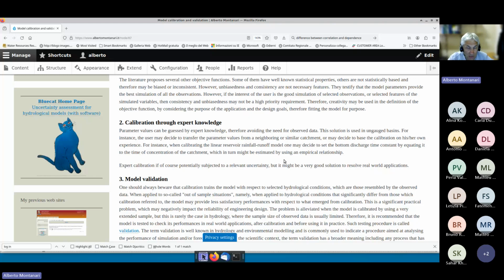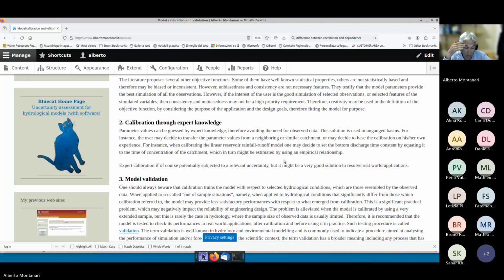Of course, this is an interesting problem, a problem that is discussed once again by a full literature. For instance, in hydrology, there are entire books dedicated to prediction in ungauged basins or ungauged catchments, which deal with this interesting problem.